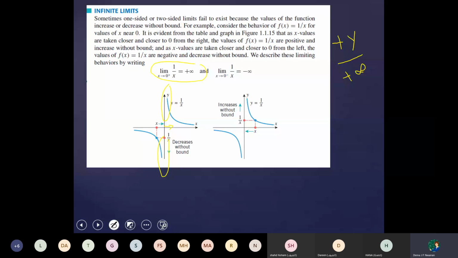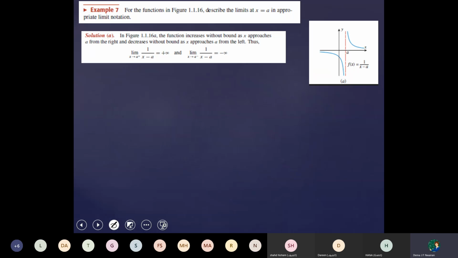But at 0 from the left, if you are looking at this side here, it goes to the negative y-axis. That means negative infinity. Not every time, according to the graph, is it positive infinity from the right and negative infinity from the left. It depends on the graph.